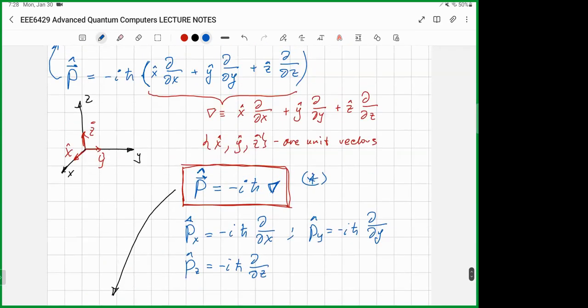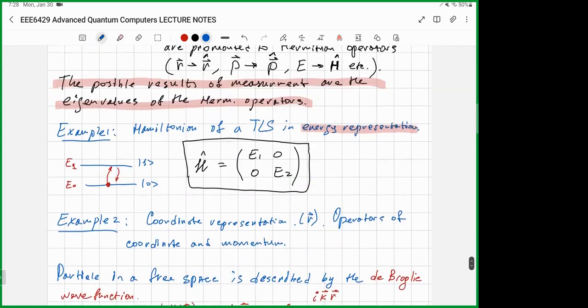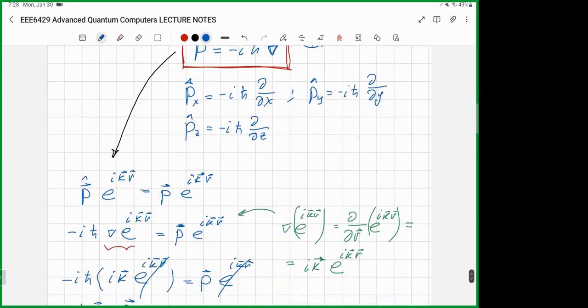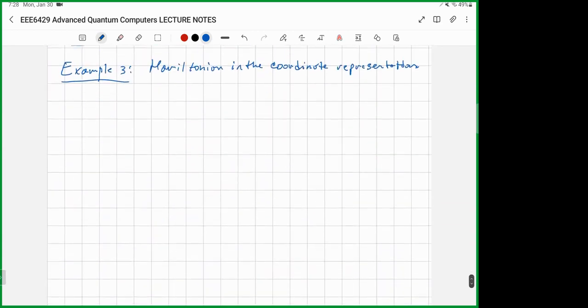So we already discussed the Hamiltonian, but in the energy representation, and we said that the Hamiltonian in the energy representation is described by a diagonal matrix with the energies of every single state, right? E1, E2, and in a general case, if we have a system with more than 2 states, let's denote this energy representation by this E index.